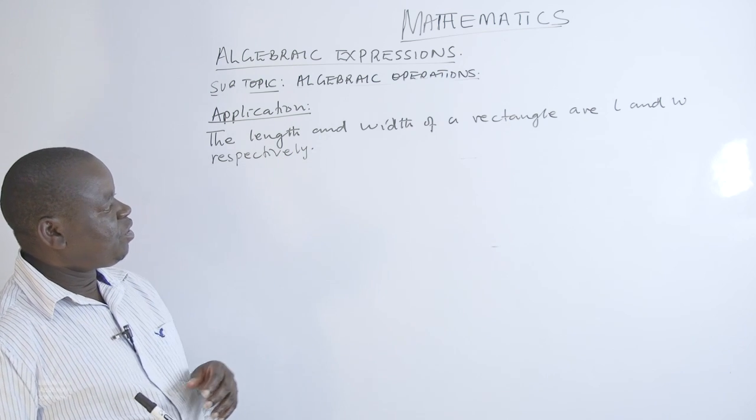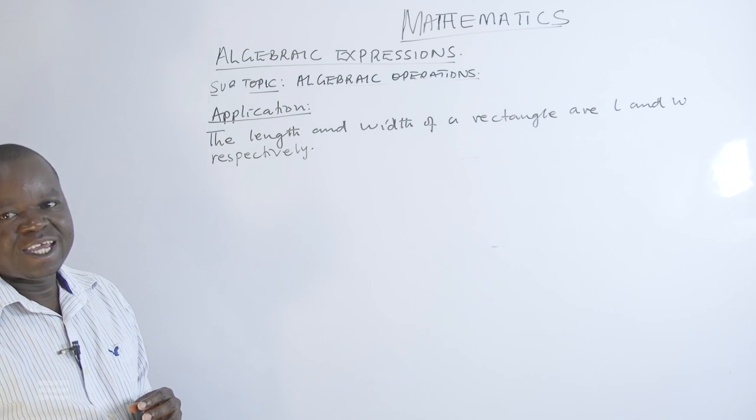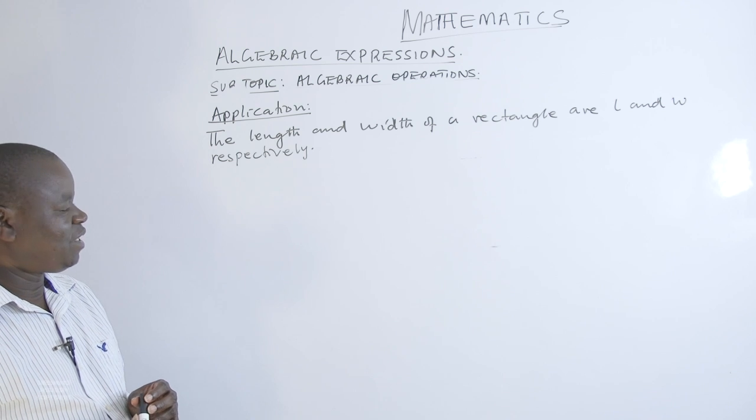The length and width of a rectangle are L and W respectively.